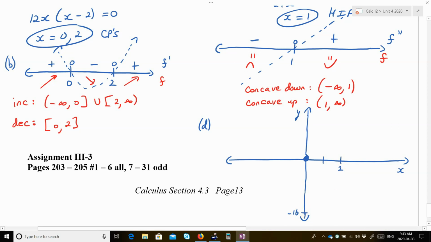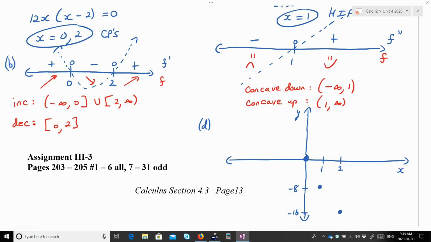So I'm going to kind of butcher the grid a little bit here. 2 and negative 16. So I'm going to plot that point. And the inflection point is at x equals 1, and if I put 1 into the original f of x, you end up getting 4 minus 12, which is negative 8. So the inflection point is right here.